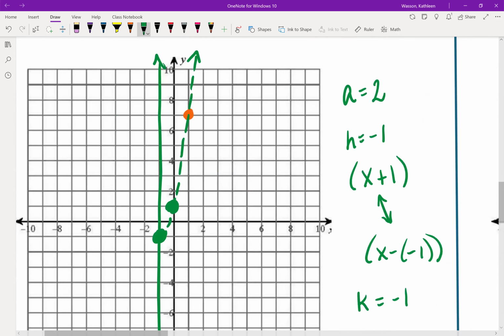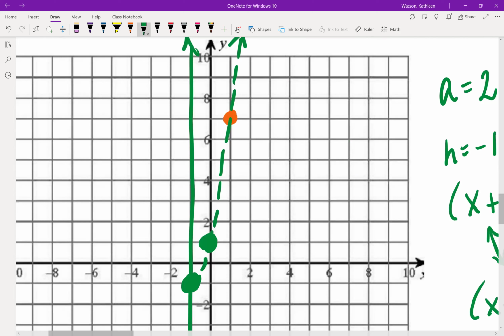So this is half. And then I already drew my axis of symmetry on here. I can reflect these points, this curve, over the axis of symmetry, and that gives me the rest of the parabola here.